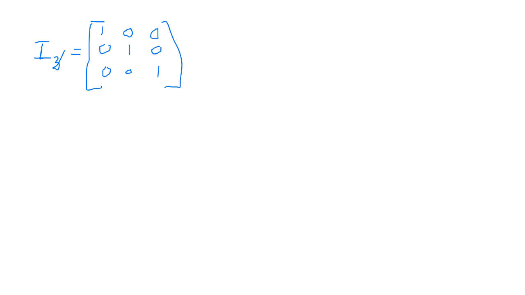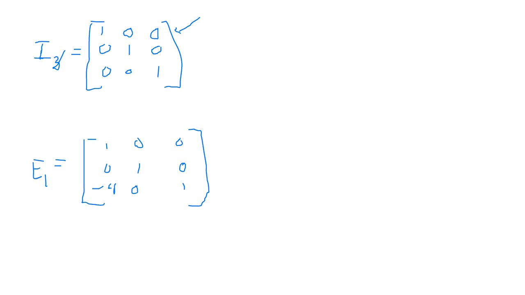And E sub 1 is 1, 0, 0, 0, 1, 0, -4, 0, 1. So they did a row operation on that I3.